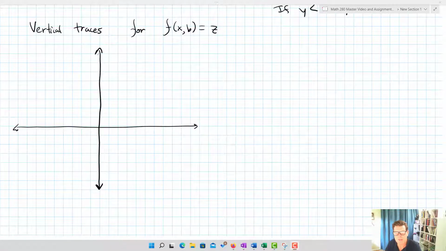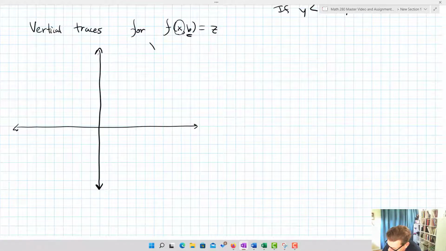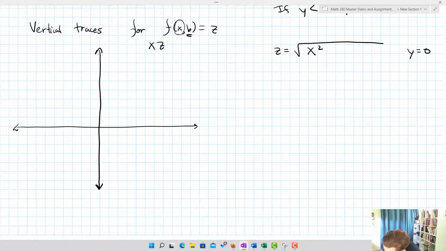So now what about vertical traces for f of x, y equals z? Well, now in this case, we're going to hold y constant, and we're going to imagine what happens in our xz plane. So here's our xz plane. By the way, here's x, here's z. And in our xz plane, we've got z equals the square root. And let's say, for example, if we let y equal 0, we're going to get x squared minus 4, right?